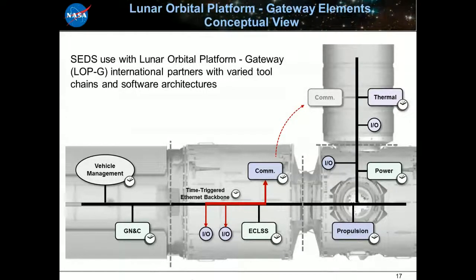For example, if this was being provided by ESA, they could be using their packet utilization standard software architecture, and you'd still be able to communicate with that from a CFS-based component.